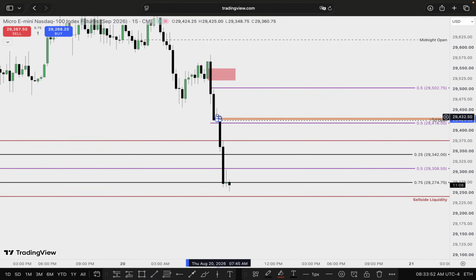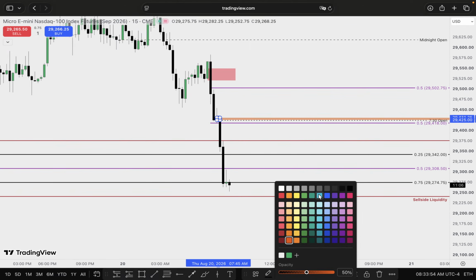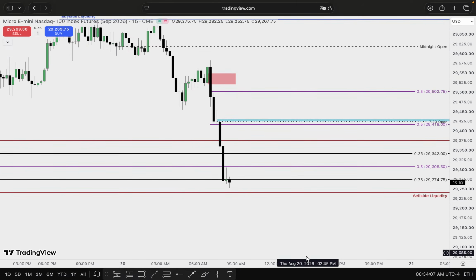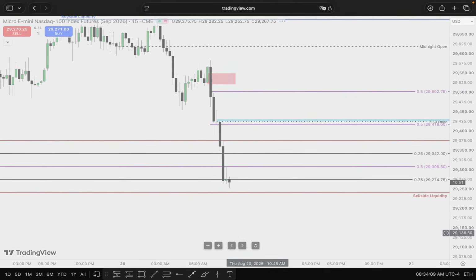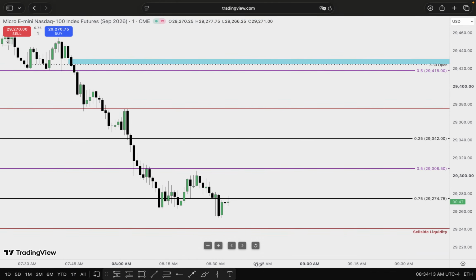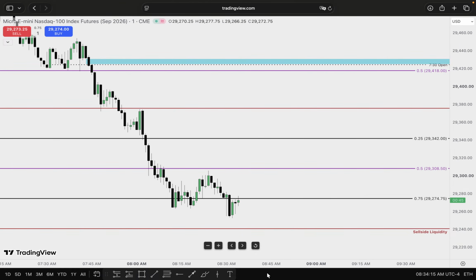And then we have our 730 first presented fair value gap there as well. So if we do drop down, I'd at least want to see a trade to here before we actually want to continue. So yeah, that's kind of the plan and the situation that we got going on.